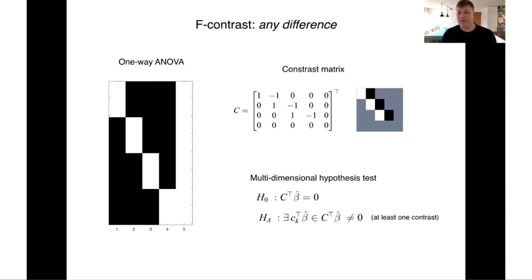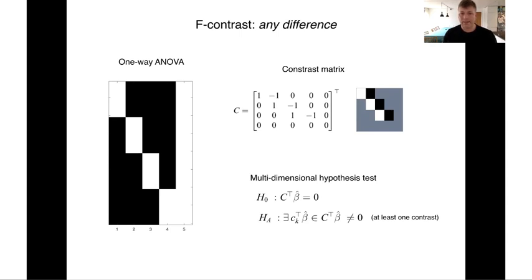But we could also test for differences between groups. And this could also be done in terms of a contrast matrix, as the one we see here, where again, we have 4 different groups, and we could then test for any difference in terms of this matrix, where each row in the matrix corresponds to a difference.